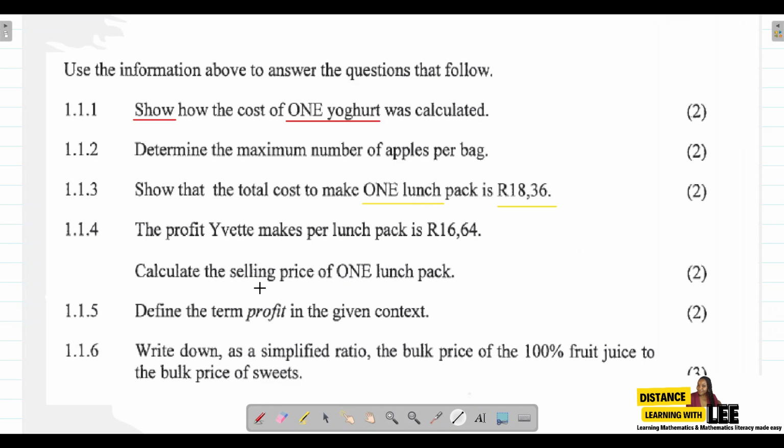Here we need to calculate the selling price of 1 lunch pack. We are told that the profit Yvette makes per lunch pack is 16 Rand and 64 cents, so what is the selling price? How much does she sell 1 lunch pack for?